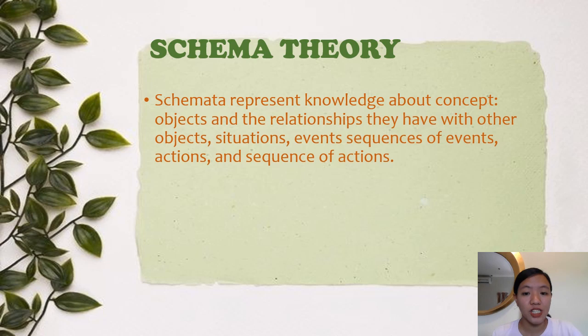Schemata represent knowledge about concepts like objects and the relationships that they have with other objects, situations, events, sequences of events, actions, and sequences of actions. Simply put, schema theory states that all knowledge is organized into units. Within these units of knowledge, or schemata, is stored information.